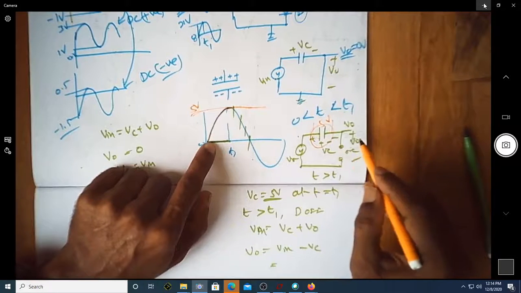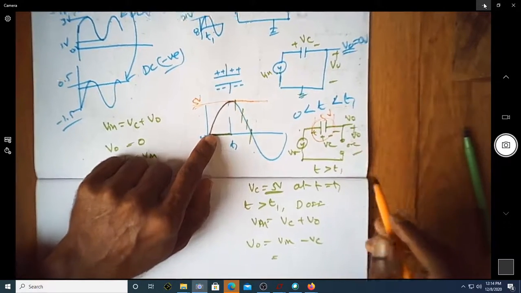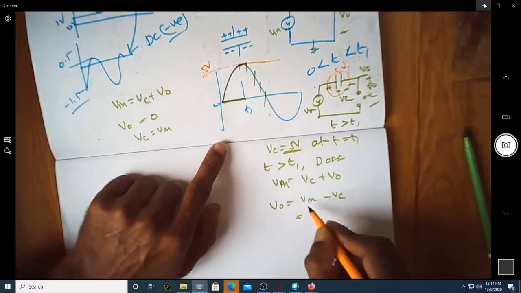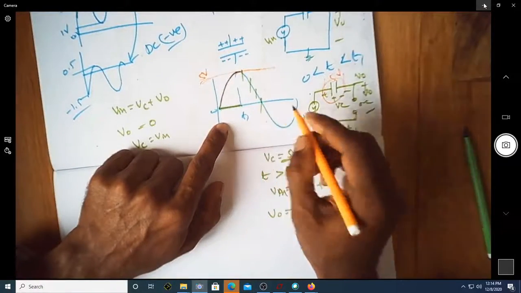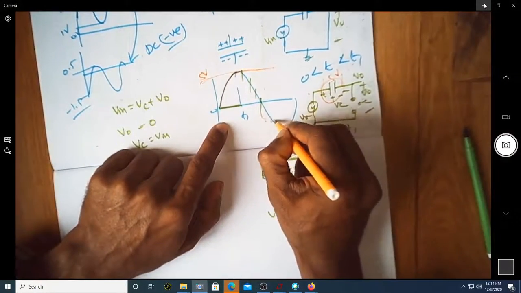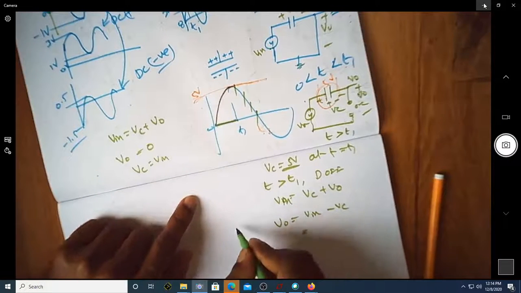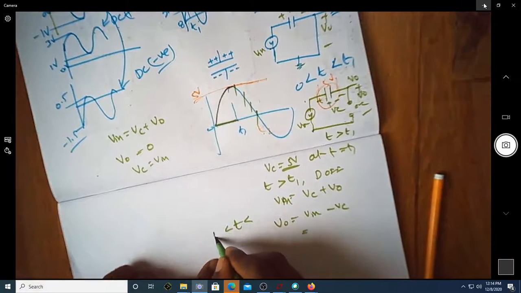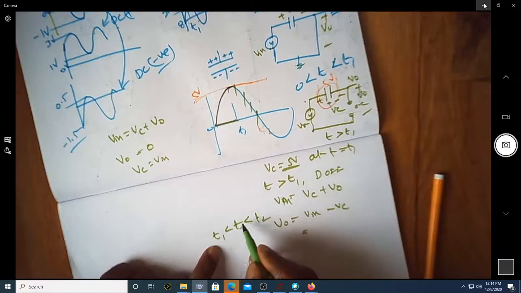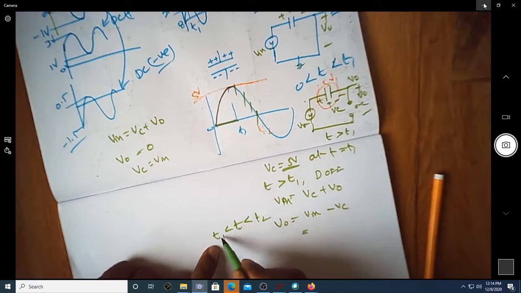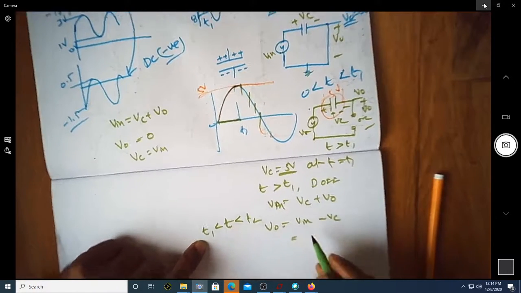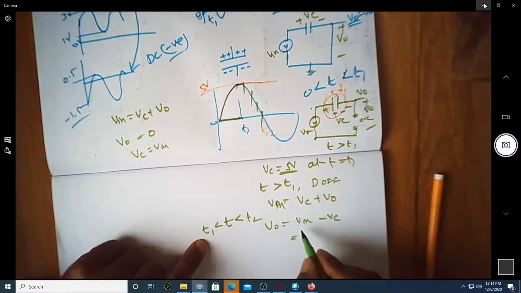So you have this condition. I'm just talking about the time between t1 and t2, so t1 less than t, and t less than t2. So this is the thing.